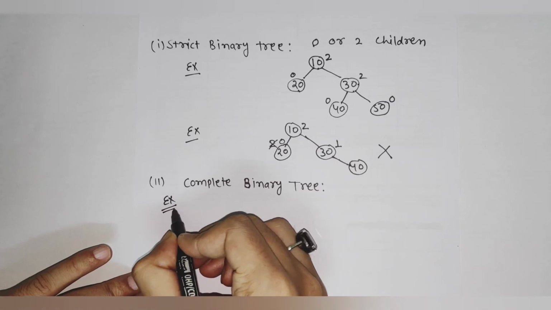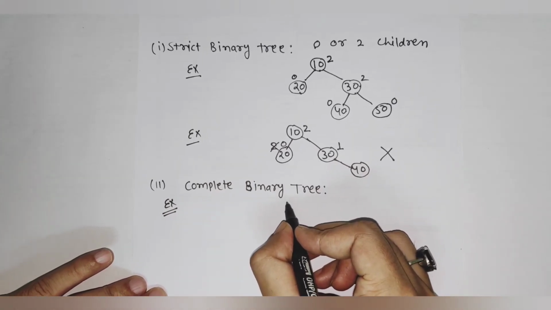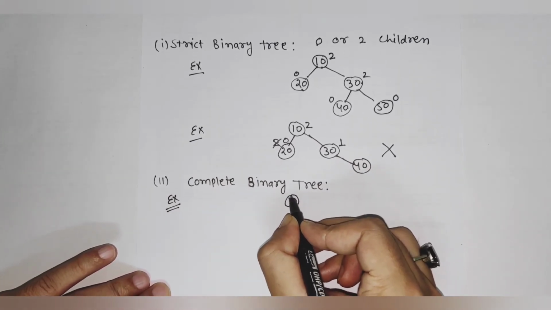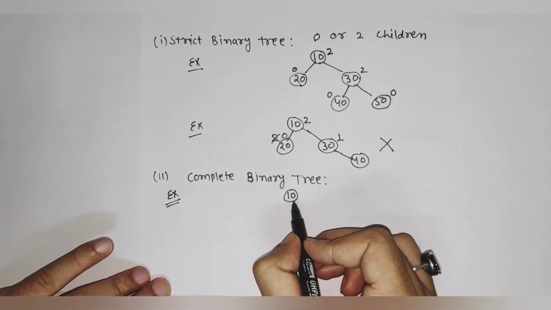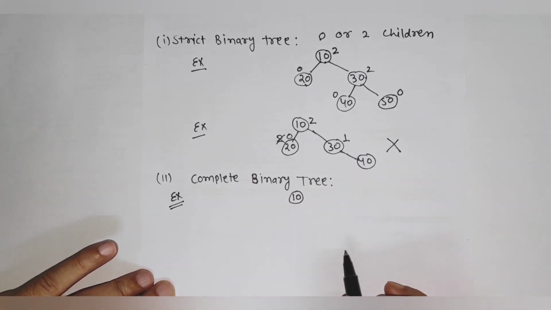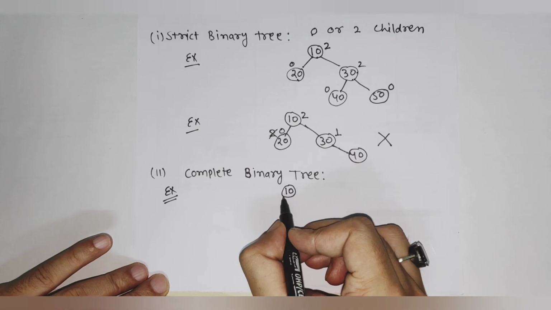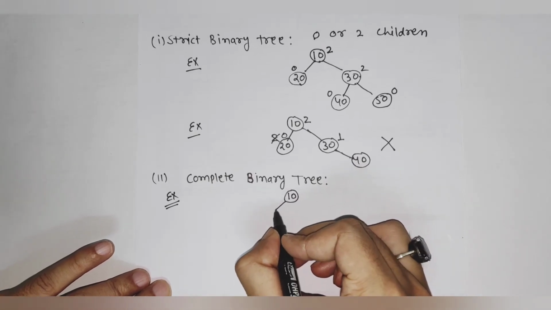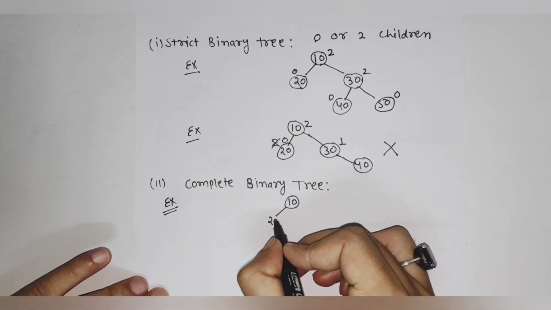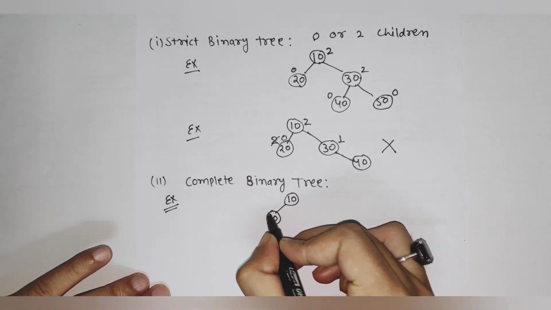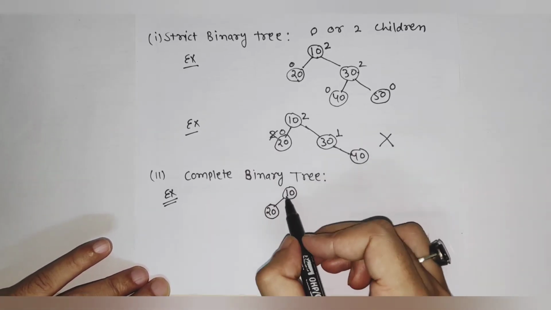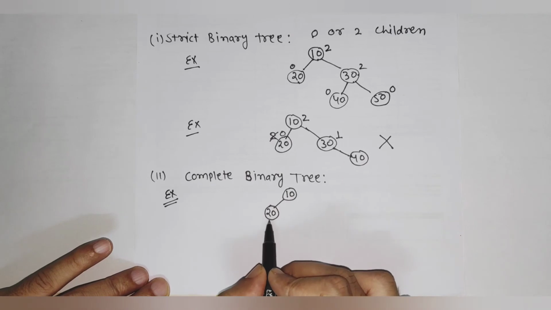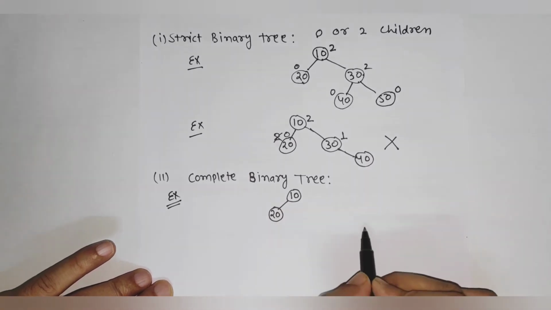For example, suppose my first node is 10. It is a complete binary tree because there are no other levels. After that, suppose I take one more node, 20. Then also it is a complete binary tree because in the next level I am starting from left to right.